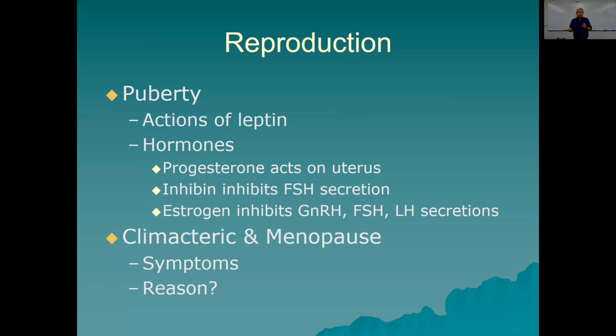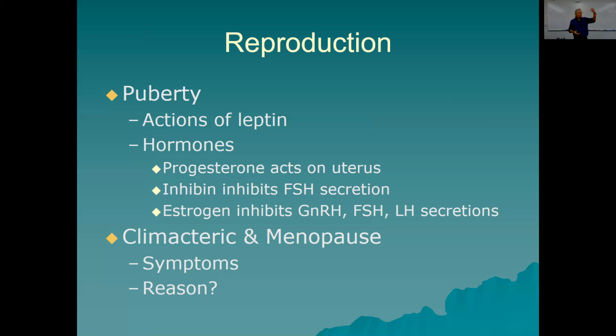Some speculation that if you get really elderly, you won't live long enough to take care of really helpless infants. Human beings have what's called altricial infants. They're absolutely helpless, and they need years of help from both parents in order to survive, particularly back when we were hunters and gatherers.